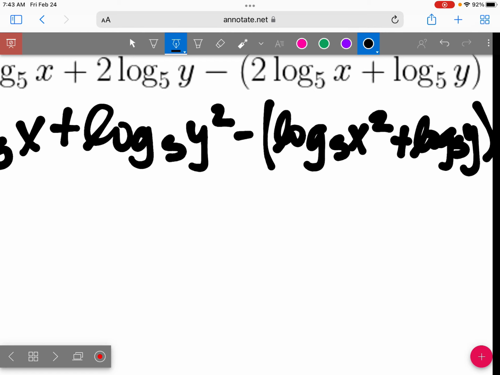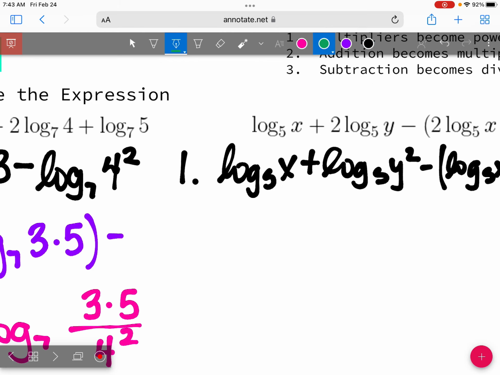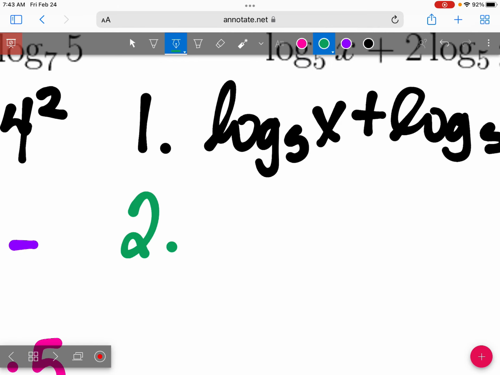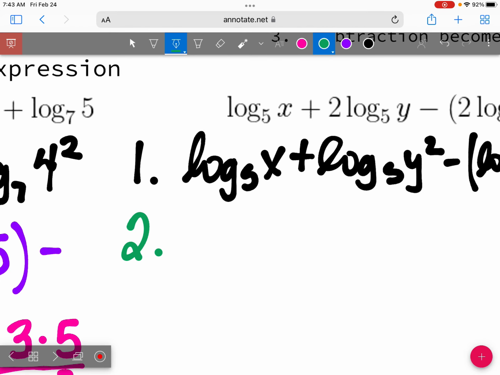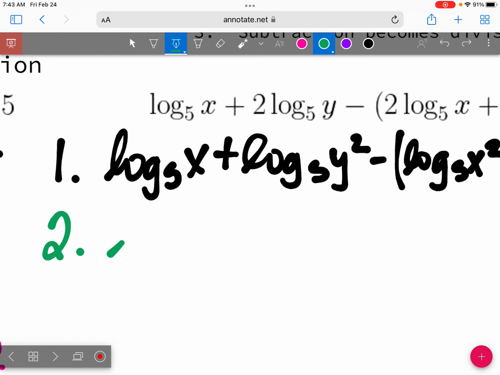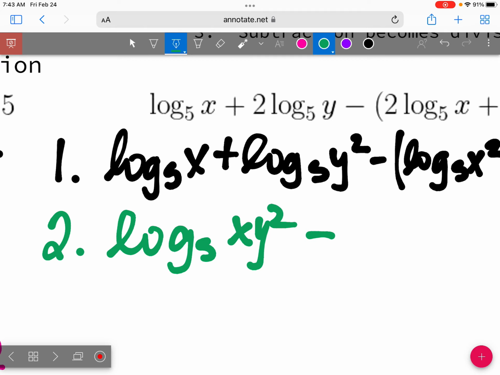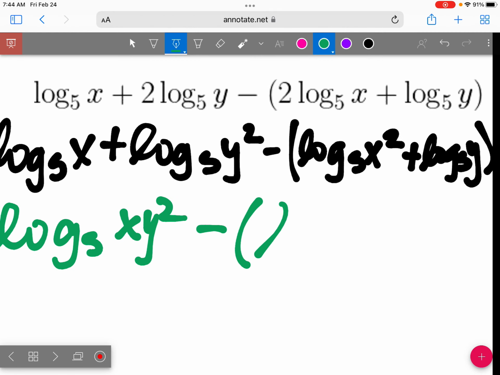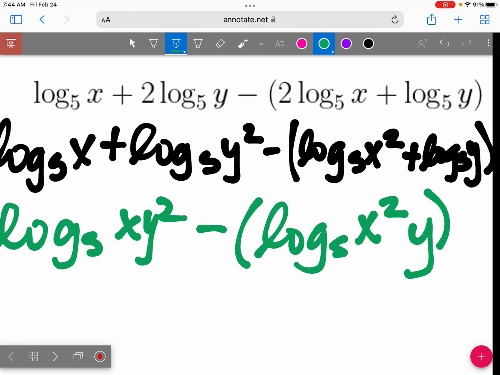What do we get? Log base 5 of x y squared minus y. Yep. Make sense?